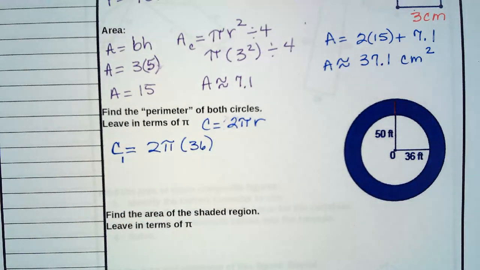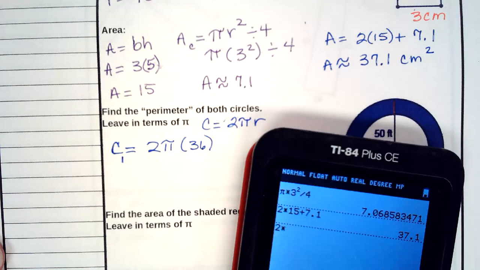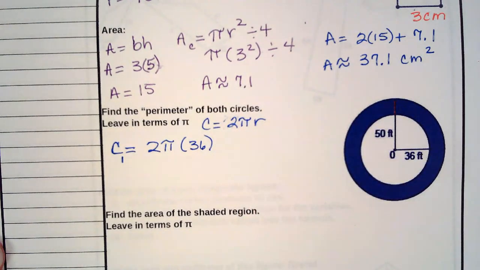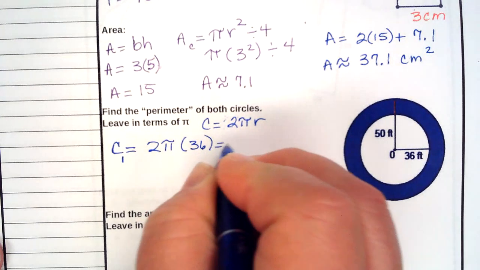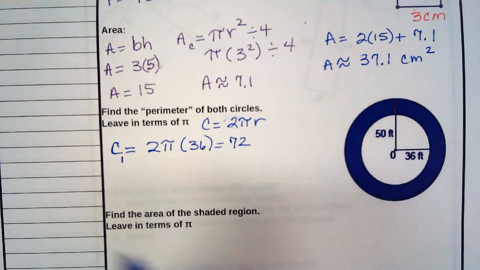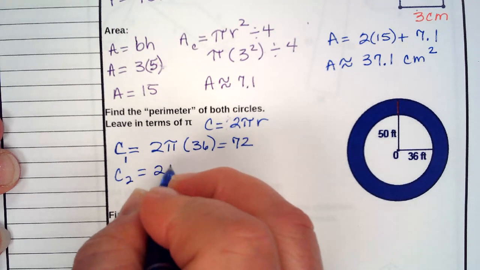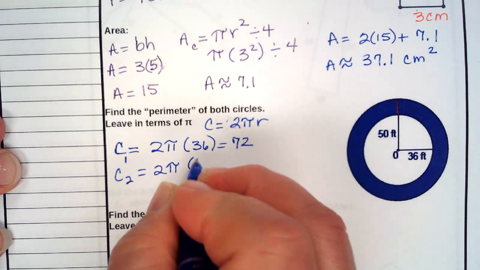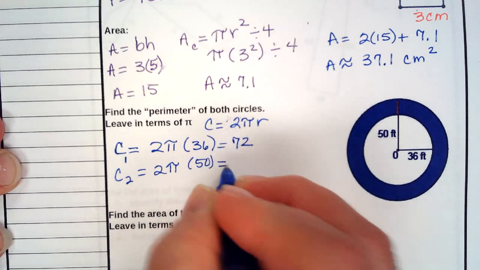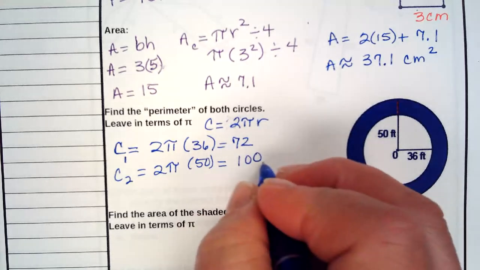But we're leaving it in terms of pi. So in our calculator, we're just simply going to take 2 times 36, and we get 72 pi. The other one has a radius of 50. So for circle 2, 2 times pi times 50. Well, 2 times 50 is 100, so this one is 100 pi.